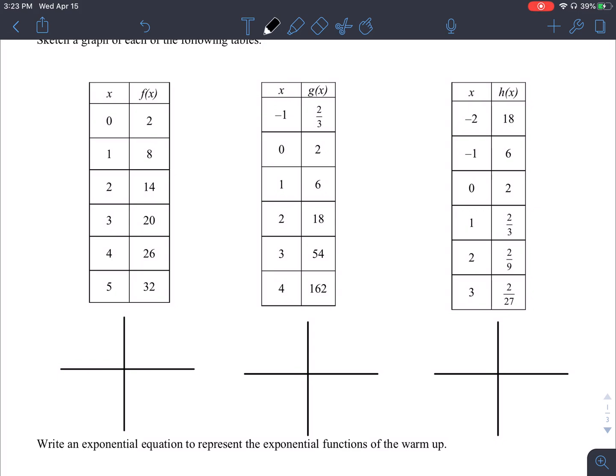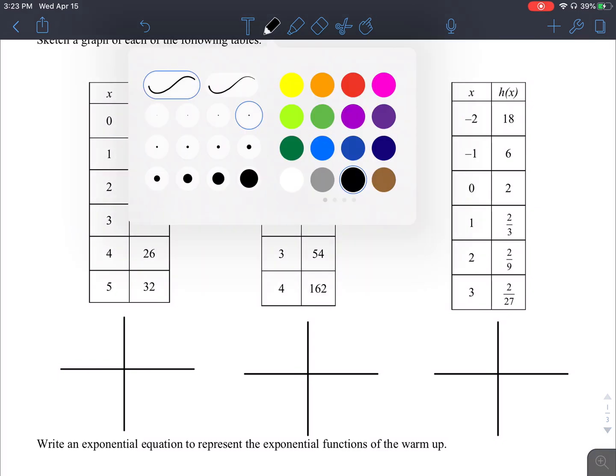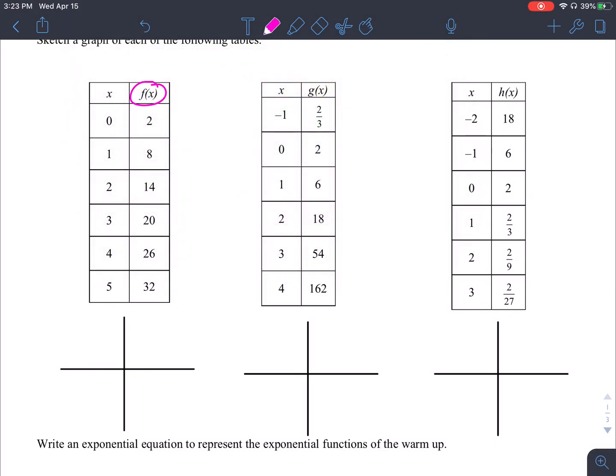Okay, so I'm going to graph each individual one just using the points. If I look at f of x, we would have (0, 2), which remember is considered our y-intercept, (1, 8), (2, 14), (3, 20), (4, 26), and then (5, 32).